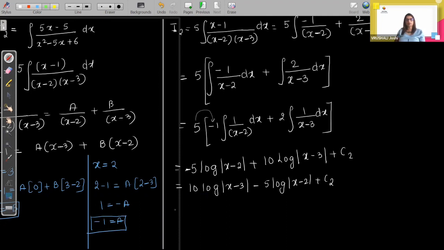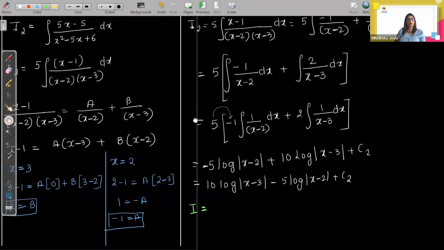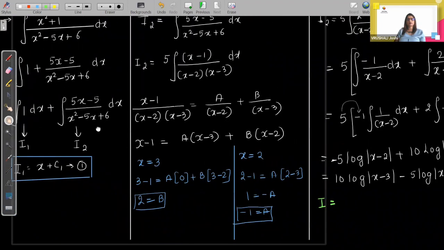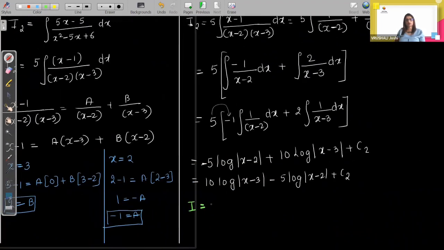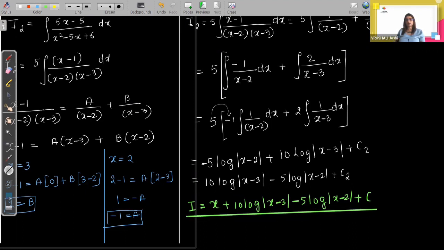I is equal to integration is equal to I1. What is the answer of our I1? I1 is x, and I2 is equal to plus 10 log modulus x minus 3 minus 5 log modulus x minus 2, plus C1 plus C2, both together will become one constant. So this is your final answer. Perfect.